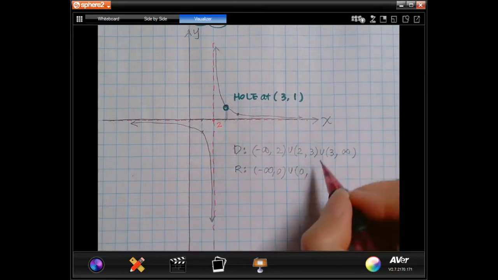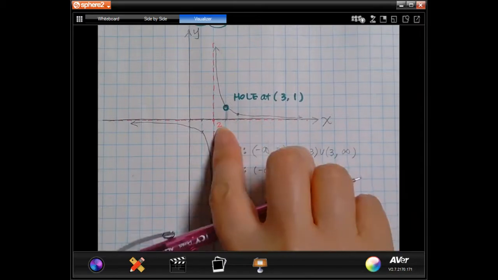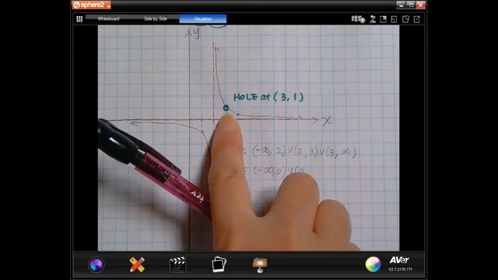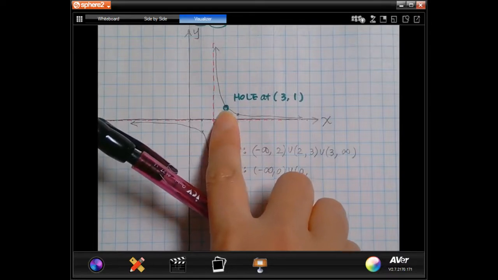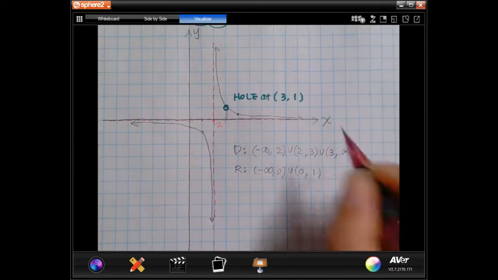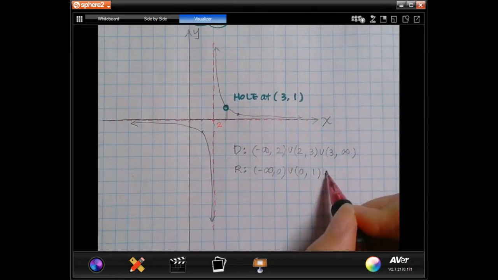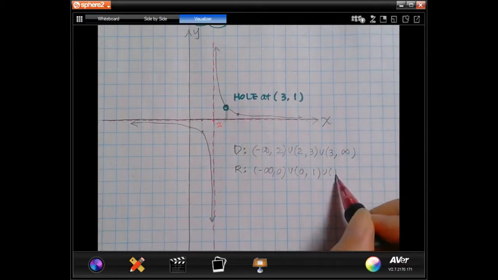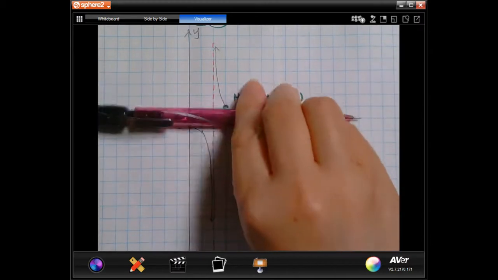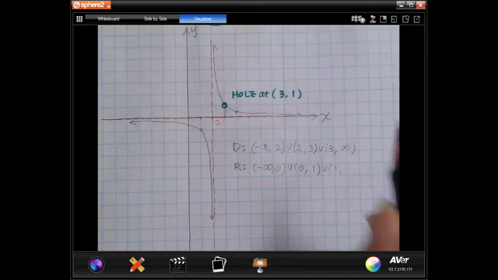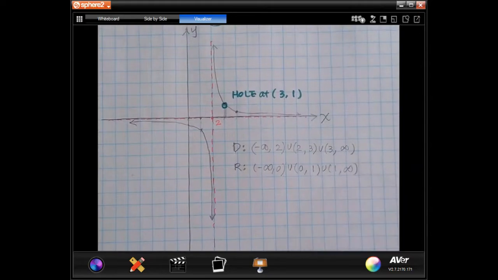And then it starts again at 0, but it's only going to be continuous up to 1. So it's 1 because of this hole. Then I stop there, making this discontinuous with parentheses in a union. And then after 1, it continuously goes up and reaches positive infinity. Yes.